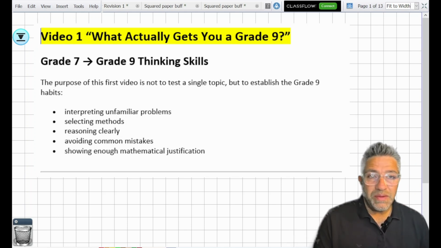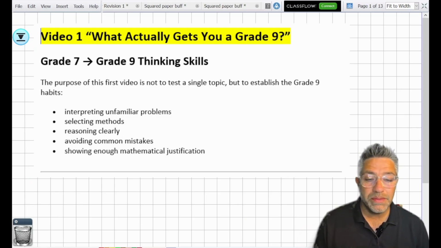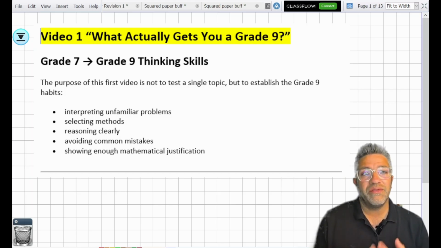You can see the 5 bullet points we've identified: interpreting unfamiliar problems, selecting the correct method to solve a problem, showing all your reasoning and working out clearly, avoiding those common mistakes, and certainly when it comes to questions on the topic of proof, making sure that you're showing enough mathematical justification.